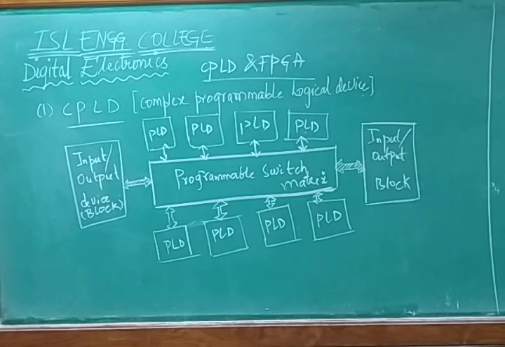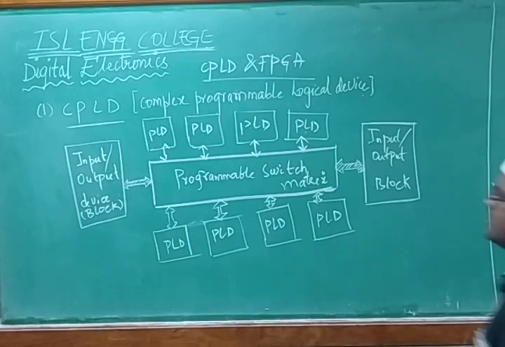The micro cells are nothing but flip-flops, and it is manufactured using the architecture of the CPLD, which should have the individual PLDs. So it has a functional block. By using the functional block, gate arrays and multiplexer gates, this particular CPLD is going to work.